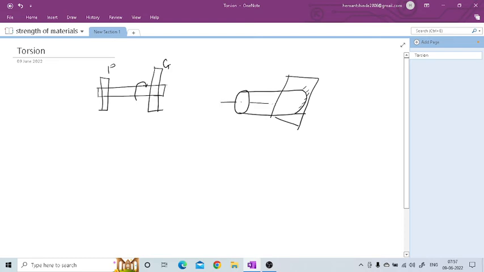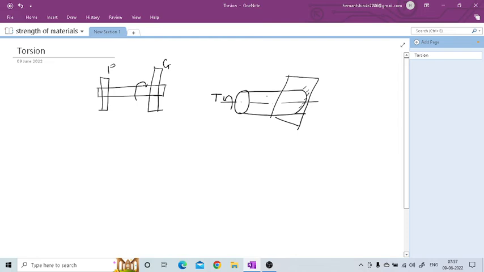If we consider along this axis, this will rotate in this direction with the applied moment, that is the torque T. So this end is rotating, this end is fixed, and this shaft is subjected to twist.